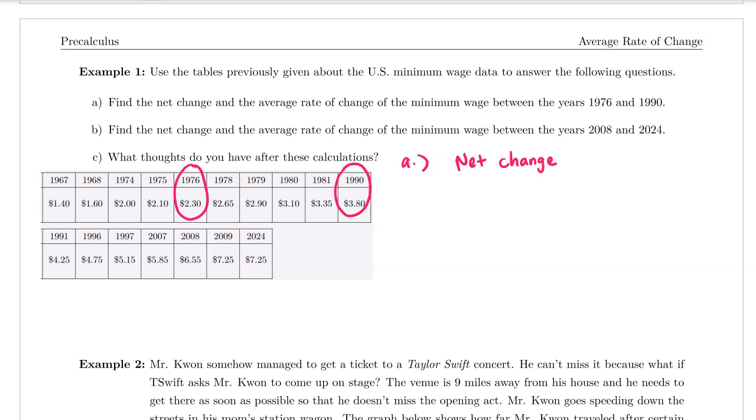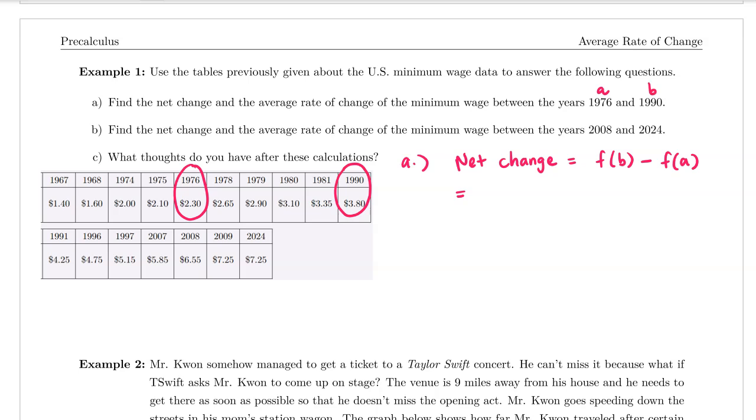And when we're talking about net change, remember, one way that we could think about the formula is f(b) minus f(a). Because we're plugging values into our function, these should both be output values, or y values. So this would represent our a value, this would represent our b value.